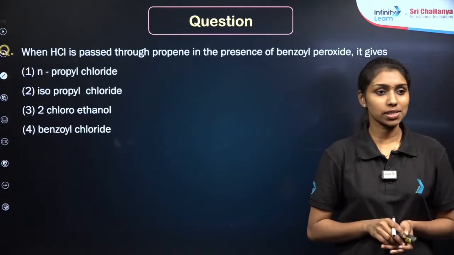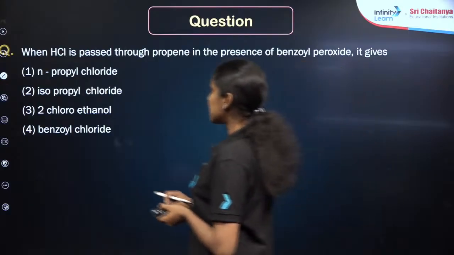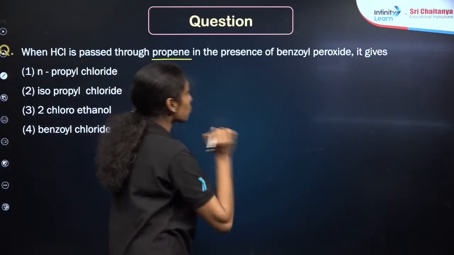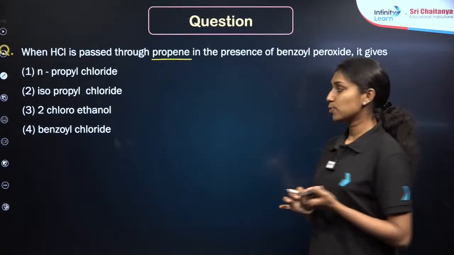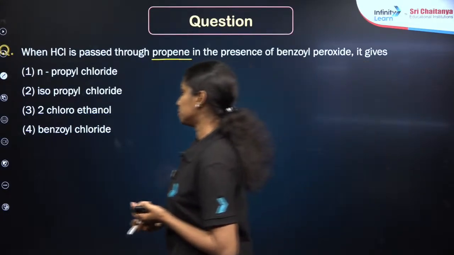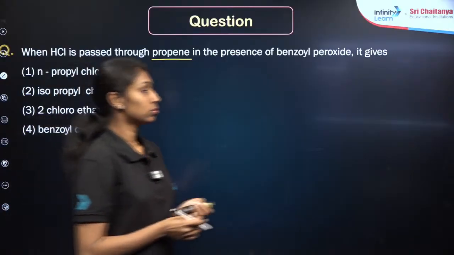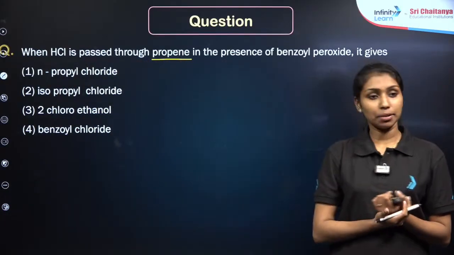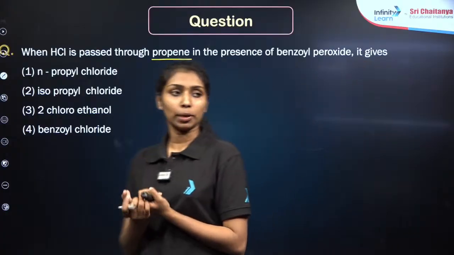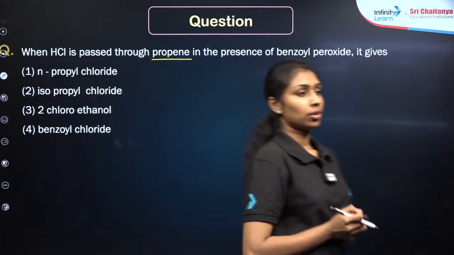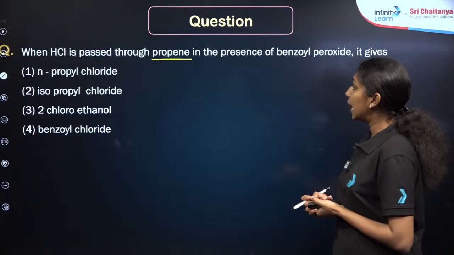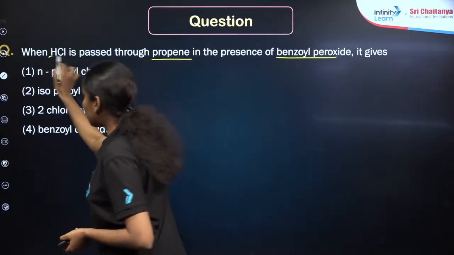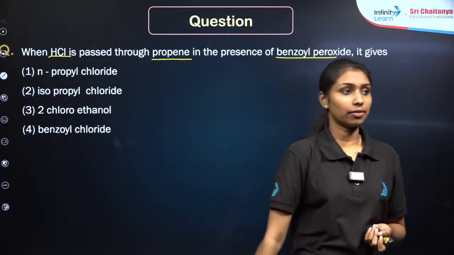Now let me move to the next question. When HCl is passed through propene in the presence of benzoyl peroxide, what will it give? Do the reaction, find out the product, and give me the name, whether it may be the IUPAC name or the common name. Propene adding HCl in presence of benzoyl peroxide. Read the question carefully. Adding HCl in presence of peroxide, what will happen?